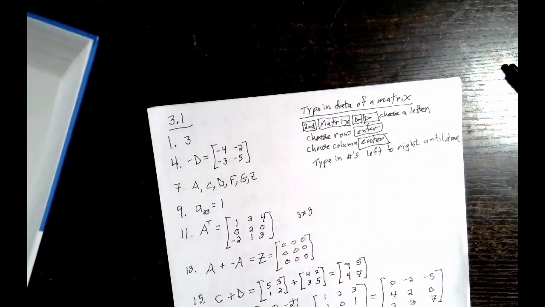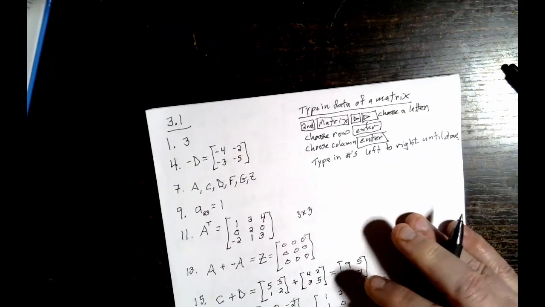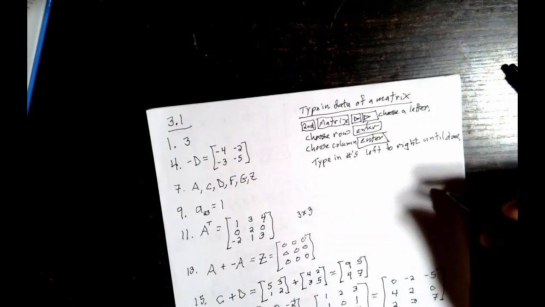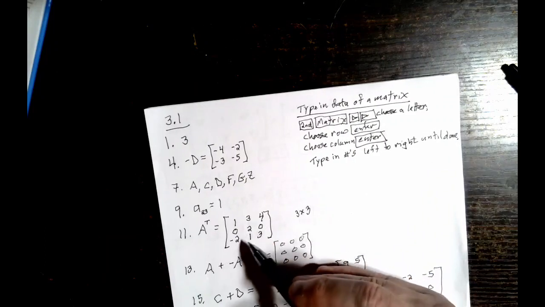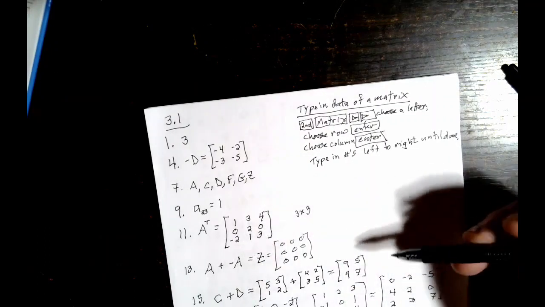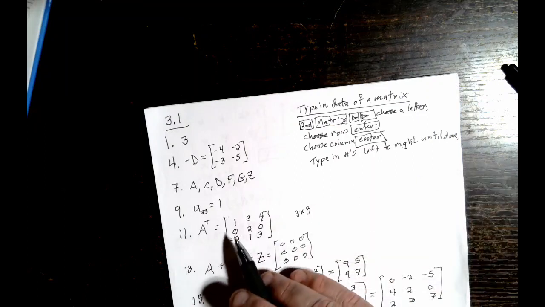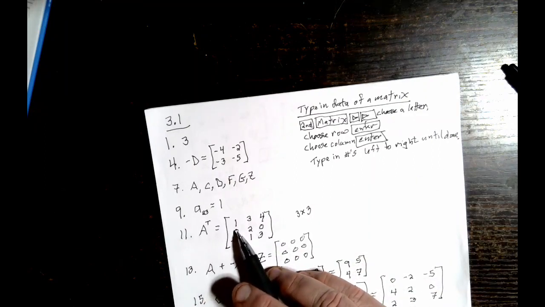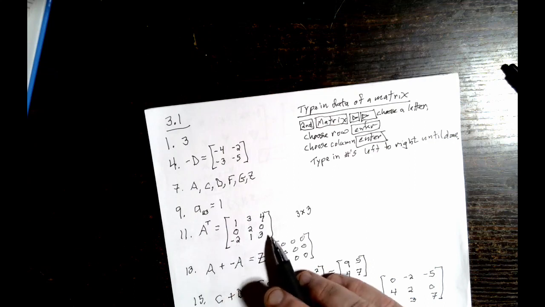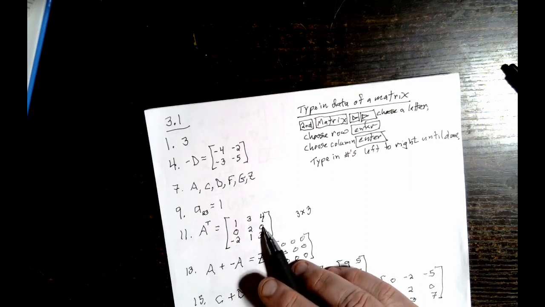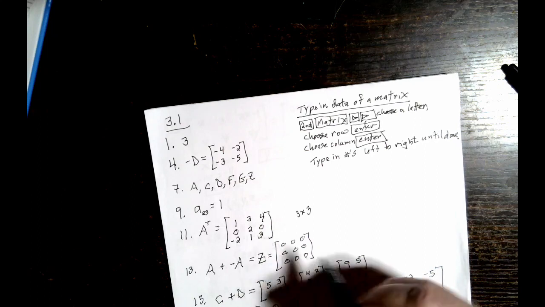There's a couple more vocabulary words you need to know. Entries or elements are these individual numbers. An element is called by its row and column. So if you want to identify this one, you'd say lowercase a, 2, 3.